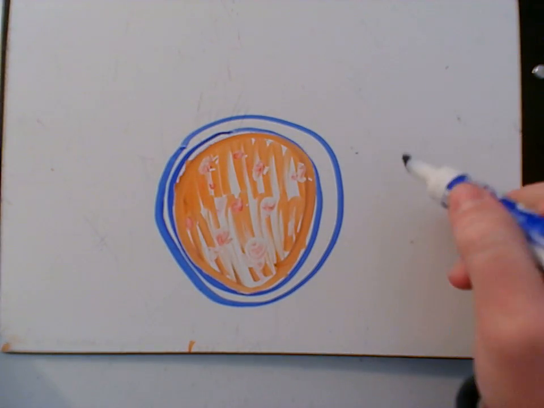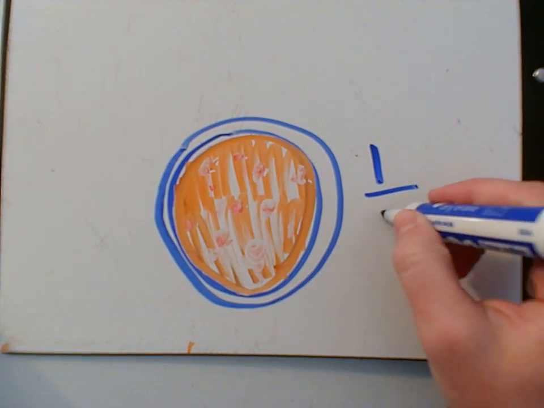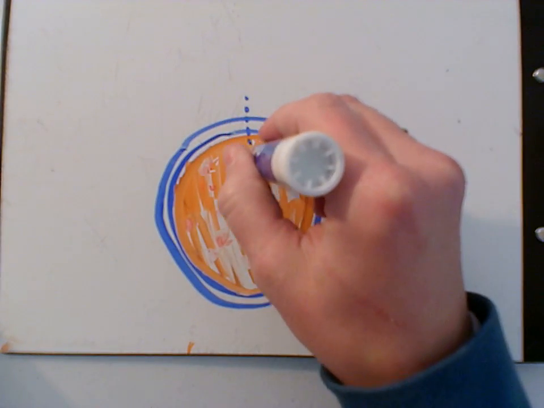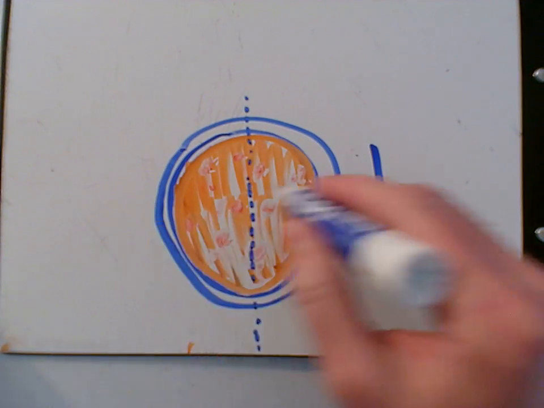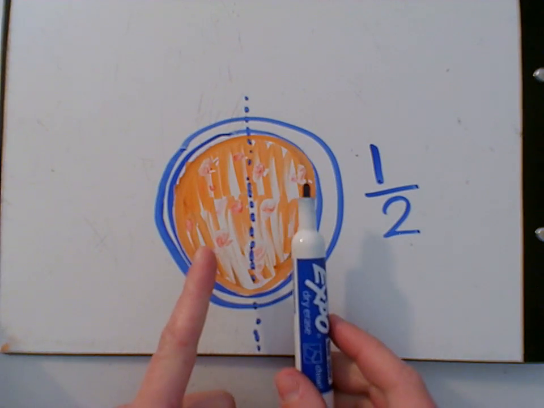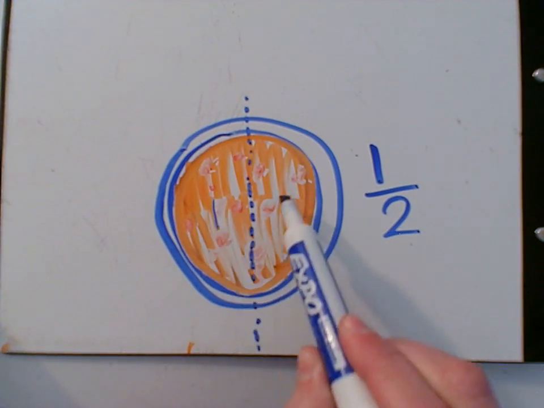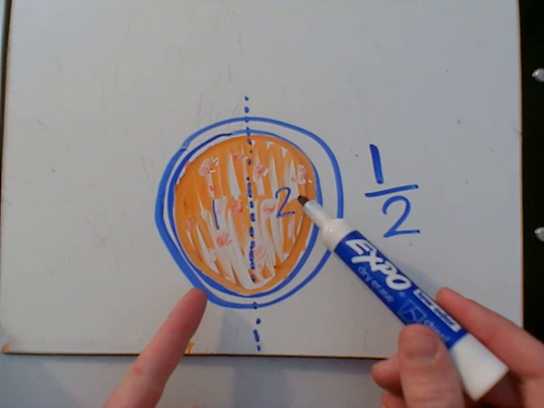Okay, so we're going to split it in half, right? So if I took my little pizza cutter and I cut it down the middle of my pizza, I would split it into how many parts? 1, 2. I just cut it into 2 parts.